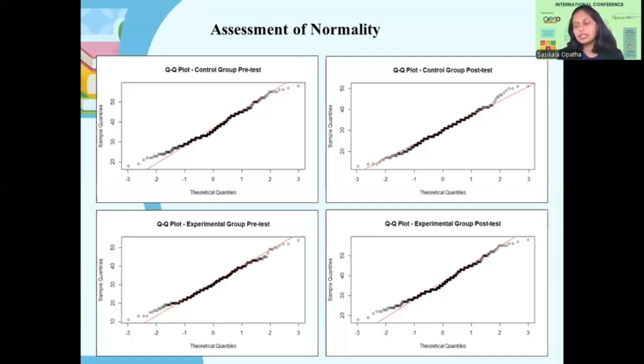At the beginning of the data analysis, normal distribution of data was analyzed using histograms and QQ plots separately for pre-control, post-control, pre-experimental, and post-experimental groups. You can see here the QQ plot points closely adhering to the reference line, which indicates the normal distribution of the data for all 4 groups.